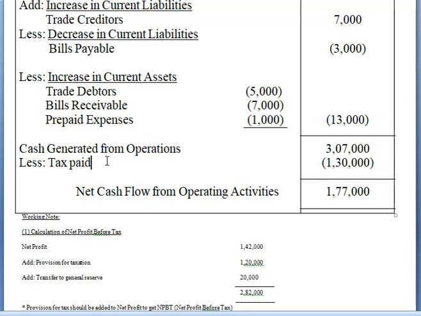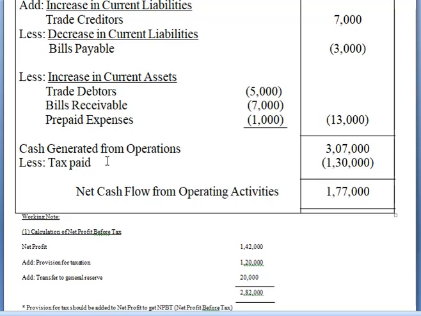But whenever you come across opening and closing balance of provision for tax and the amount of tax paid, again I want to repeat, you have to prepare an account of provision for taxation. As a working note, you have to prepare an account. Then you have to solve the question.